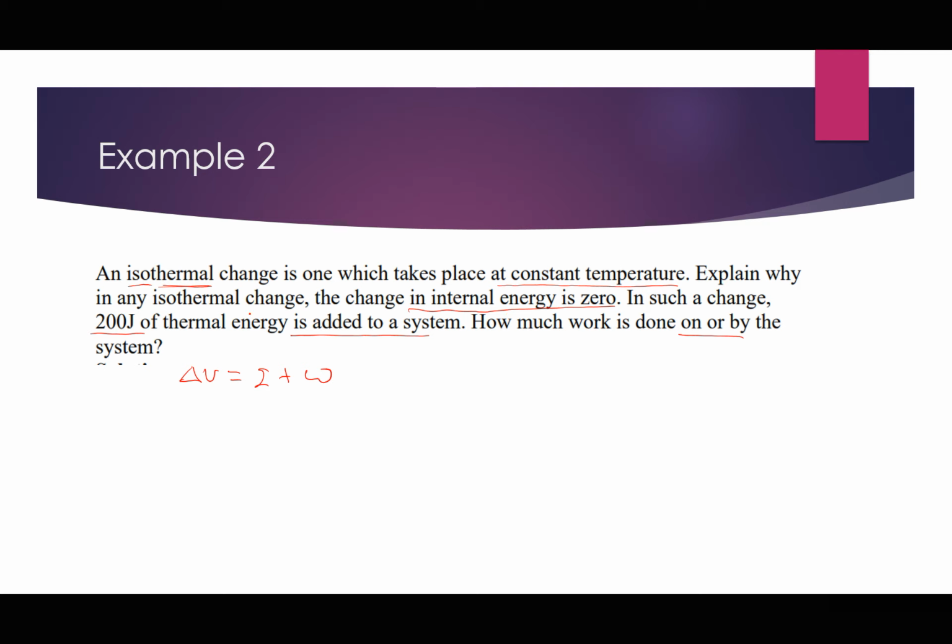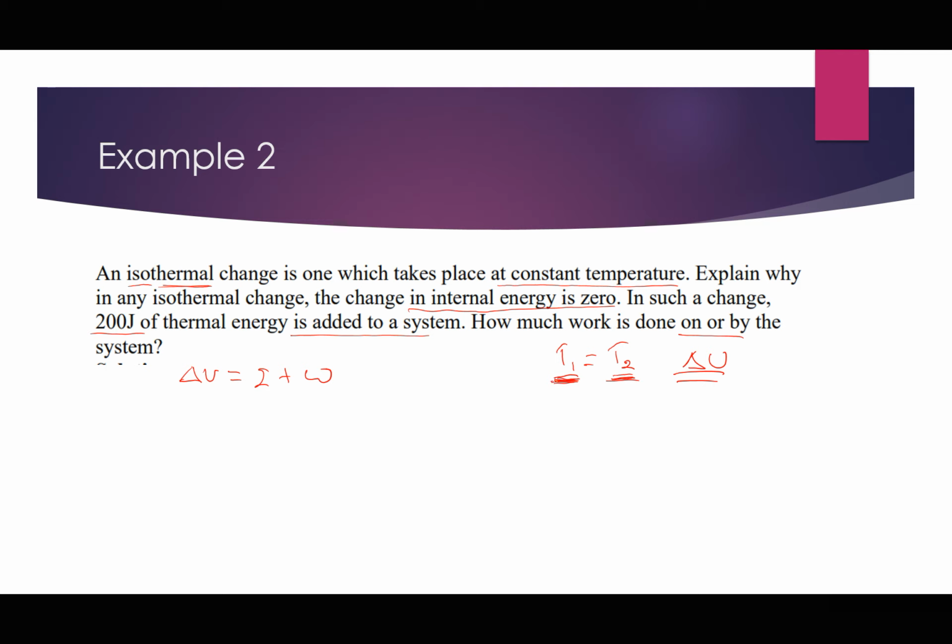For an isothermal change, in one of the lessons, I must have said that if the initial temperature is the same as the final temperature, then the change in internal energy is zero. The total kinetic energy of the molecules initially is the same as the total kinetic energy of the molecules afterwards.